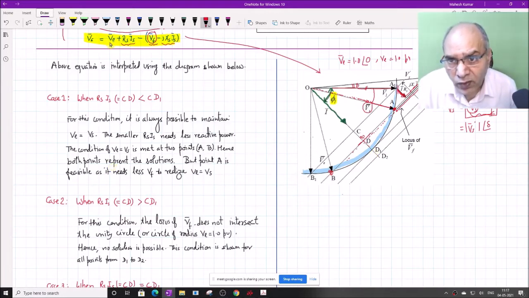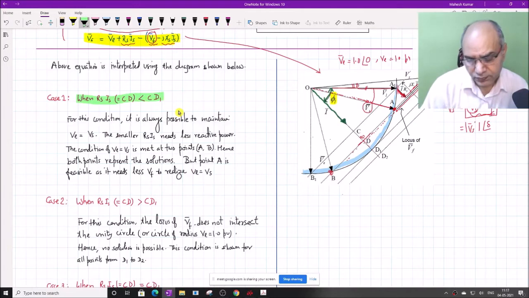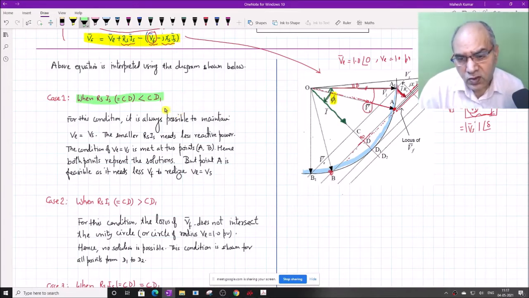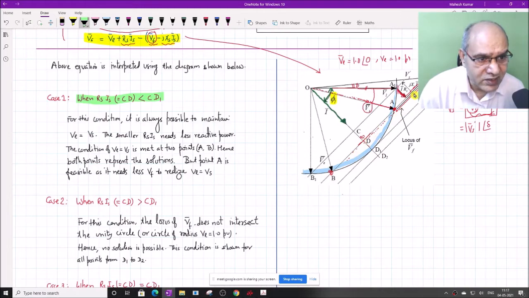Number one, when RS into IS is less than CD1. For this case we can see that the locus of BF, drawn perpendicular to IS RS or along the line of J X S IS, intersects the circle of radius BL at 2 points always.